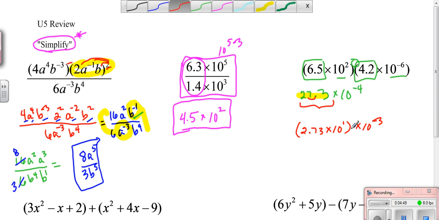Now I go ahead and combine my powers of 10, so I have 2.73 times 10 to the minus 2, and that is your exact scientific notation. Be careful with that.